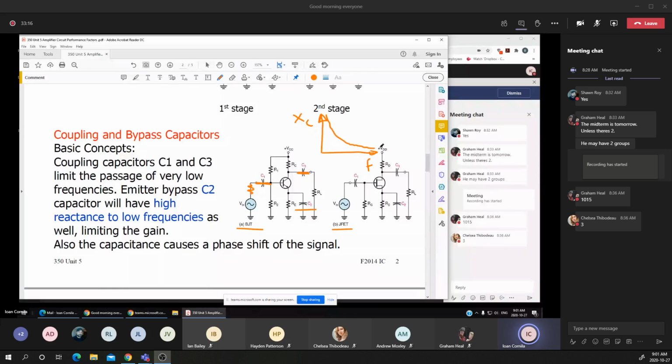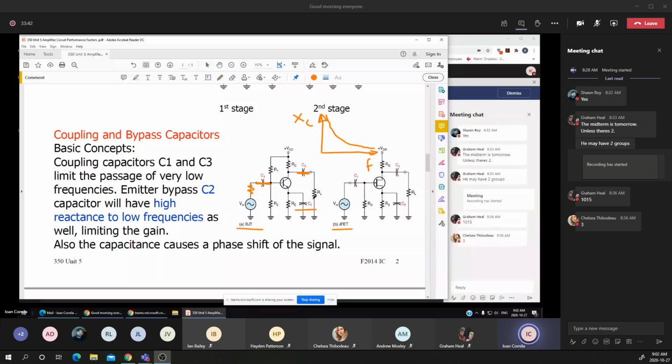As the frequency is increased, there is a limitation and there is a drop in the gain. The capacitor will improve, or make a better response, a better characteristic, as the frequency of the input signal is increased.